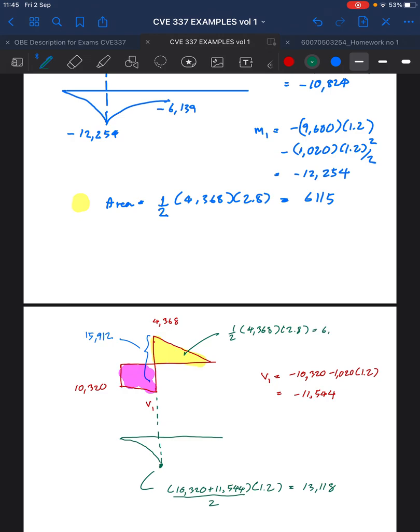So that is just 6115. Okay, so that's not enough to bring that back to a positive value. So you have negative moment here, say about 7,003 actually. Okay, so that's the correct value for everything.